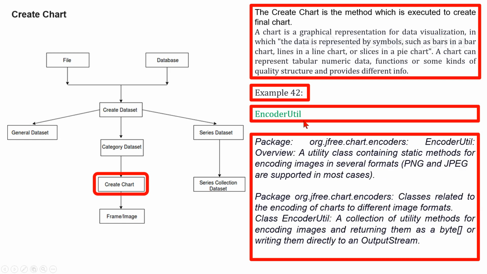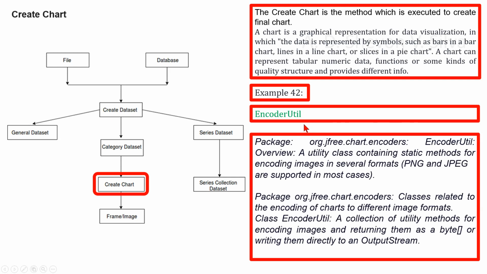Overview in EncoderUtil in package org.jfree.chart.encoders: a utility class containing static methods for encoding images in several formats. PNG and JPG are supported in most cases. Package org.jfree.chart.encoders: classes related to the encoding of charts to different image formats.